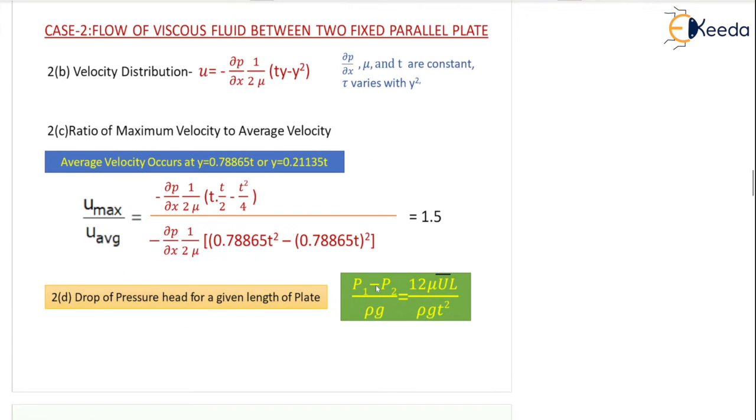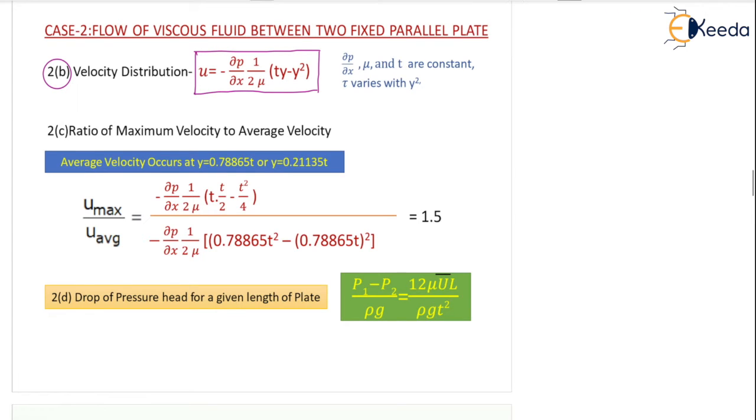So same case here, flow of viscous fluid between two fixed parallel plates, but now we are going to see after shear stress we are having the velocity distribution 2b. So this formula what you see here, u equal to minus of dou p by dou x 1 by 2 mu into ty minus y square.